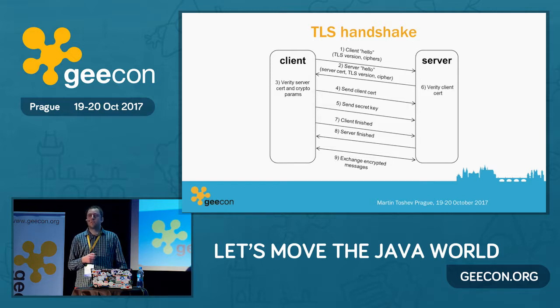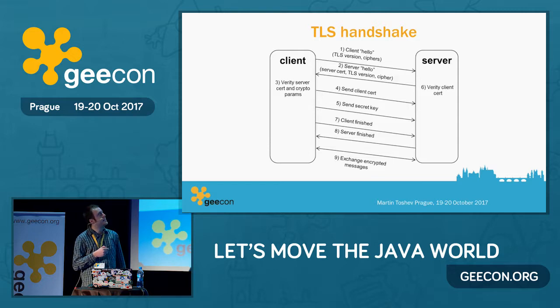Some of those ways are, for example, the certificate authority publishes a list of certificates that are revoked, or the so-called certificate revocation list. Also, the certificate authority can provide an endpoint that supports the so-called OCSP protocol. And the OCSP protocol is responsible for verifying that the certificate is not revoked.